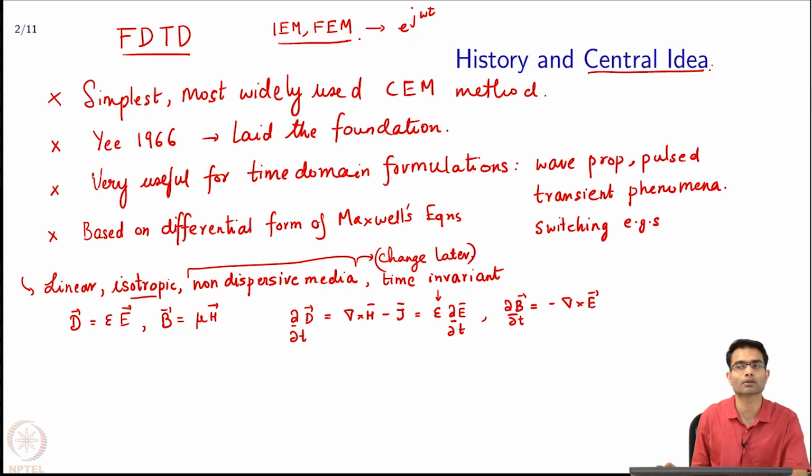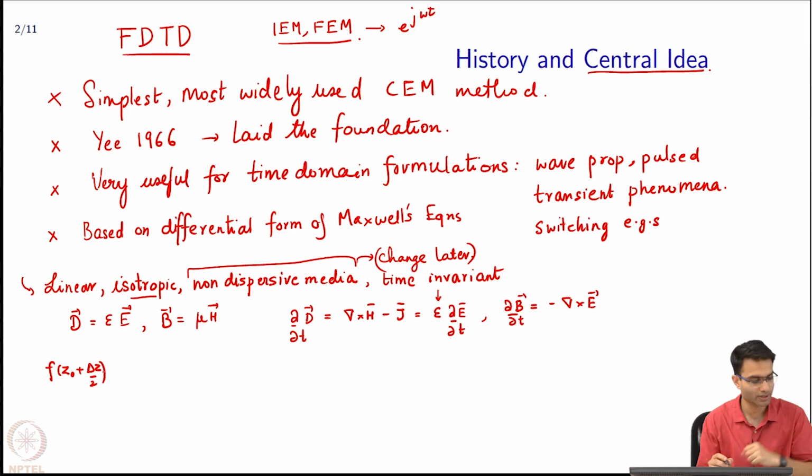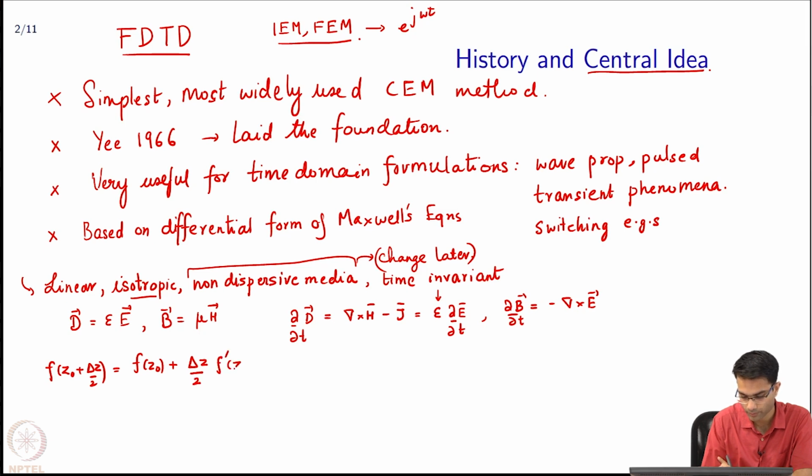It's basically built on Taylor's theorem. Okay. So Taylor's theorem will tell us that f of say z naught plus delta z by 2. Okay. So let's take this. We all know this, f of z naught is the first term, next term is delta z by 2 f prime, right, and higher order terms.